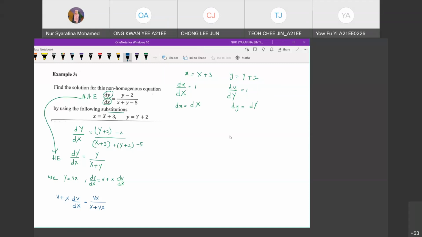Okay, I will leave you about 5 minutes. Try to find the solution for this one.